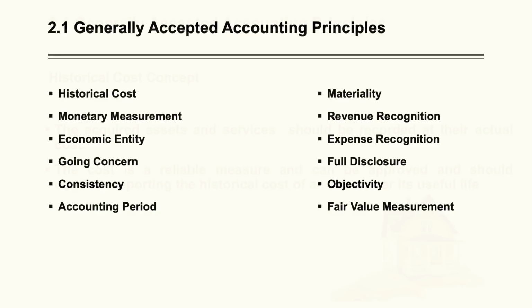Let me start with the first one, historical cost, followed by monetary measurement, economic entity, going concern, consistency, accounting period, materiality, revenue recognition, expense recognition, full disclosure, objectivity, and lastly fair value measurement.